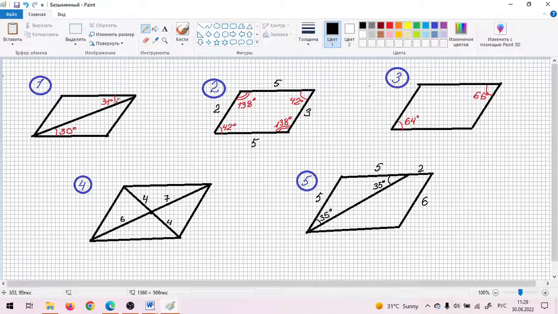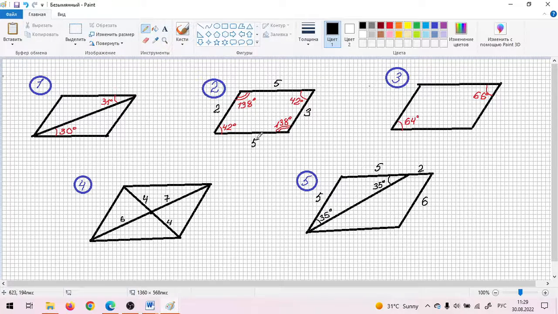So crossed angles are formed. These opposite sides are parallel, so these angles should be equal. But here is 31 degrees and 30 degrees, they are different. It's a mistake.